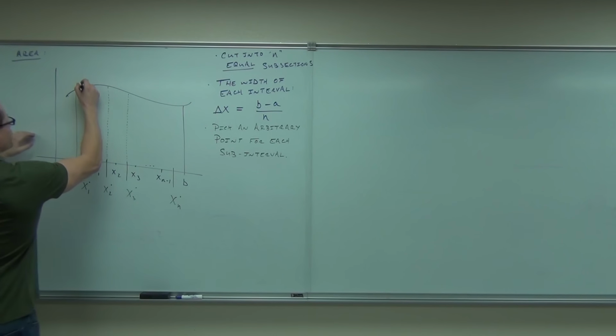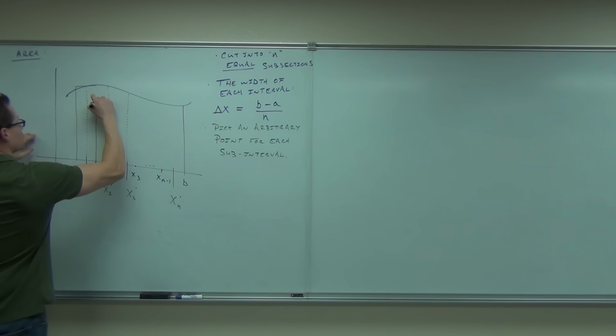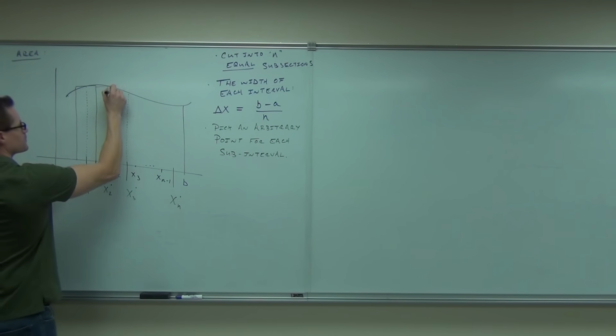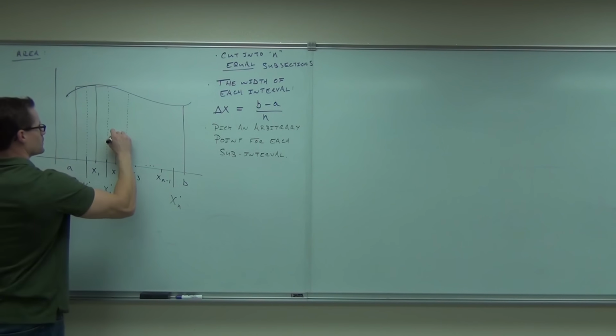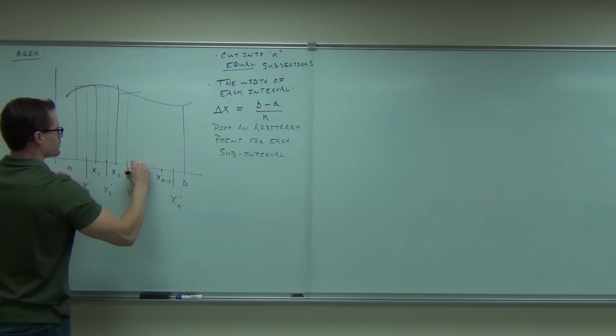So you go, okay, that's going to be the height of my rectangle. My next rectangle is going to have this height. My next rectangle is going to have this height.